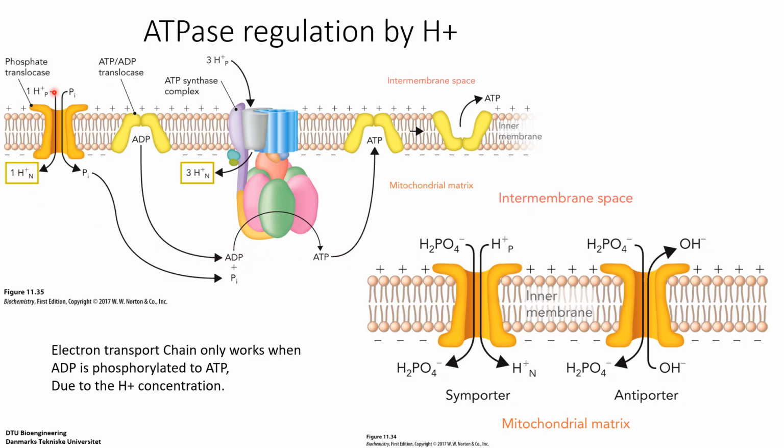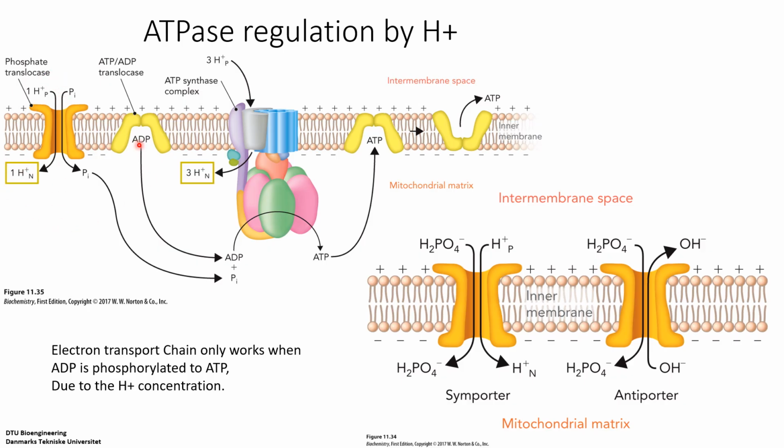So the membrane potential also helps the phosphate translocation pump to pump phosphate through. The protons are a co-carrier of phosphate through the membrane. So that's one way to get more phosphate inside. But again, this requires that we have a membrane potential, because we have to have more protons on the outside than on the inside.